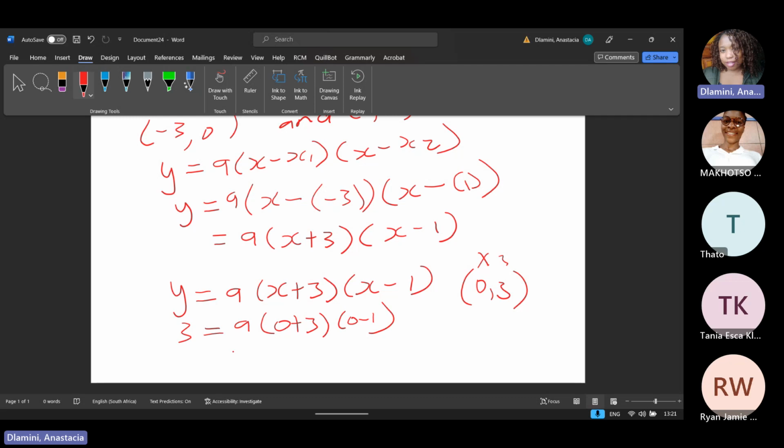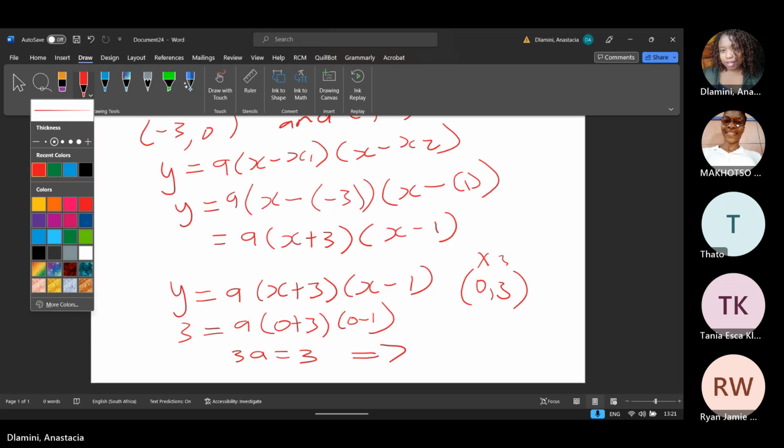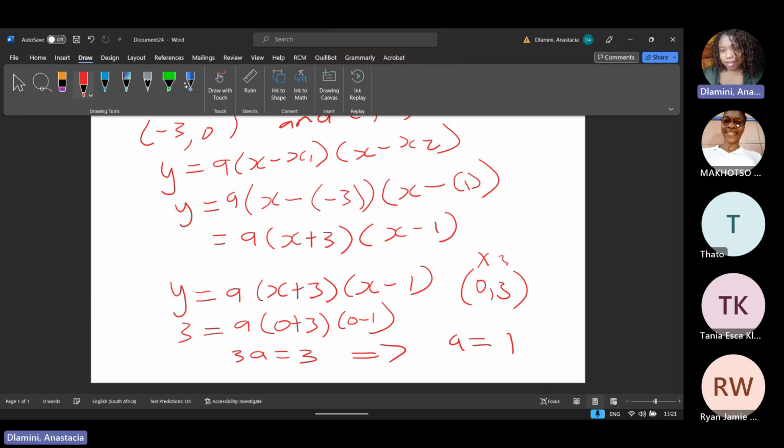So this is -3a equals 3, which implies that a is equal to 1.